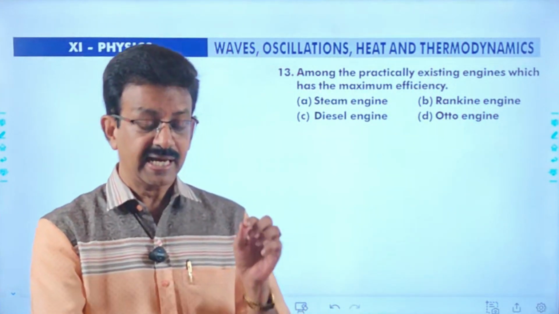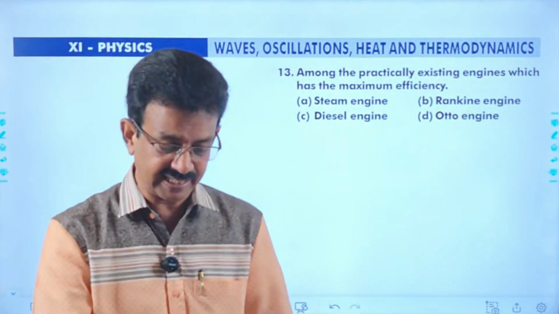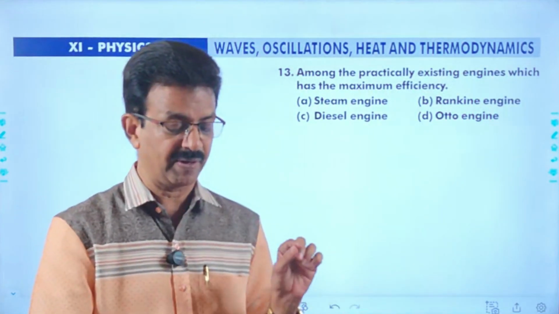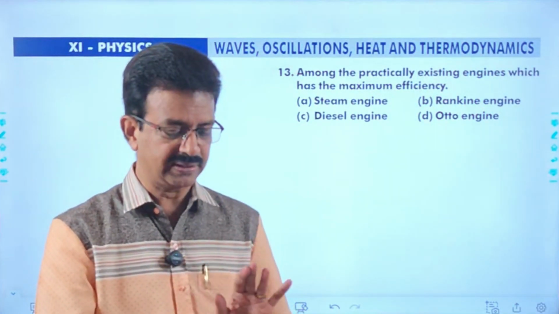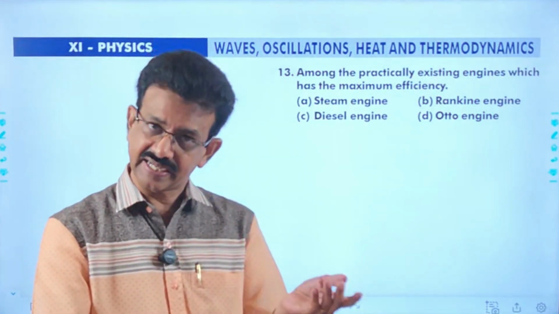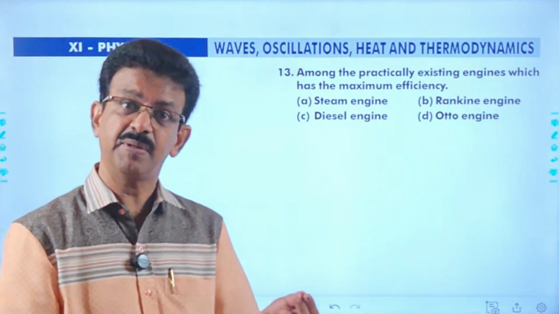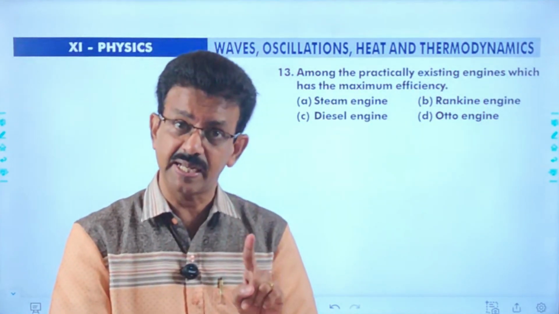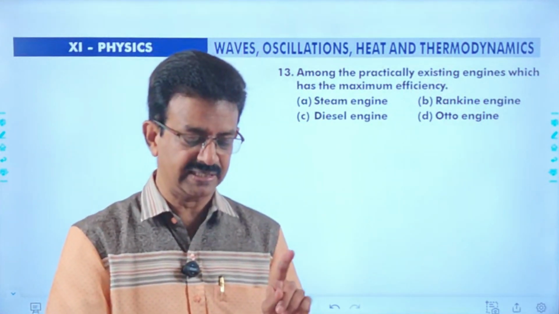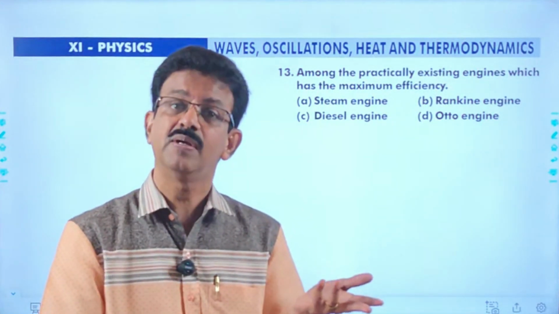Here the question is, among the practically existing engines, which has the maximum efficiency? Steam engine, no, it has only 32%. Rankine engine, it is one and the same. A steam engine is also known as Rankine engine because it follows Rankine cycle. Then diesel engine, 63% maximum possible efficiency. That's the answer here.